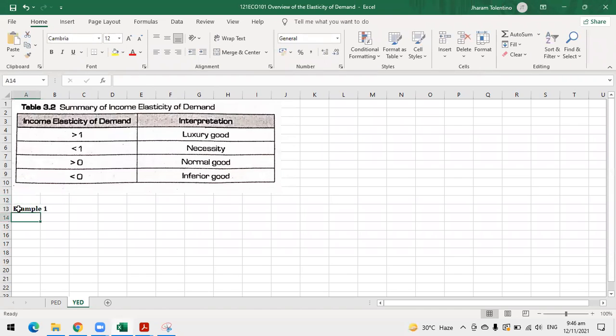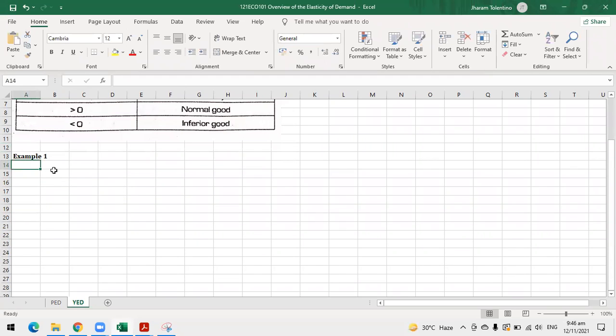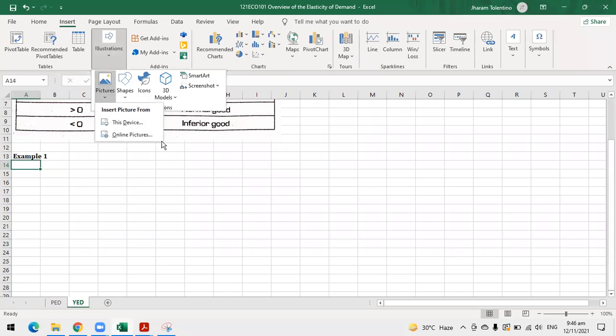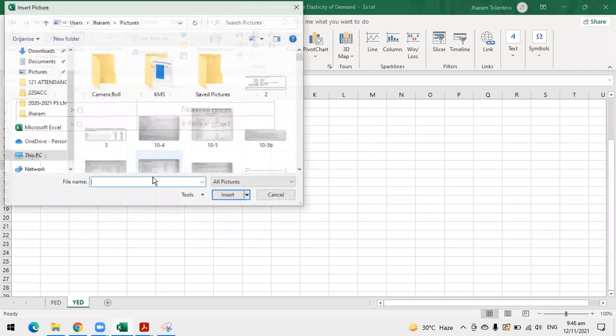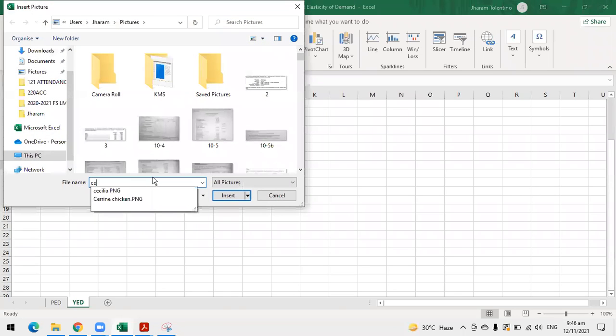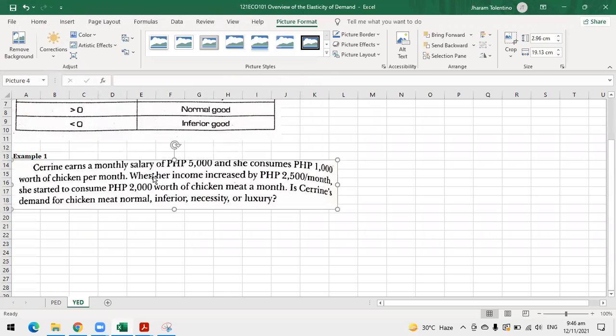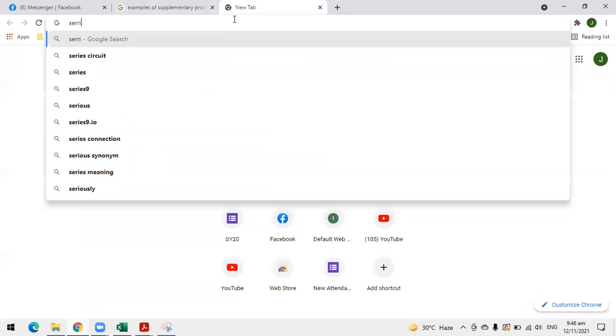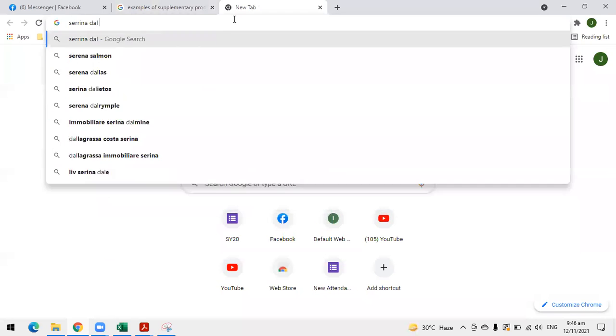Si Serena. Aba, ibang Serena yung nasa isip niyo. Serena Dalrymple. Kilala niyo pa ba yun? Hindi na. Hindi kilala yun. Sir, kilala. Di ba sila yung sa Princess Dalrymple?